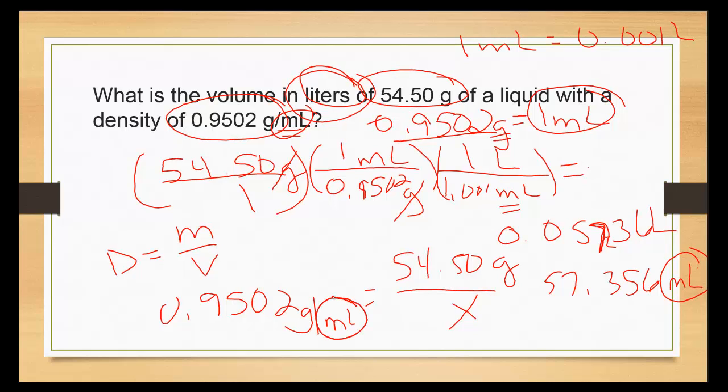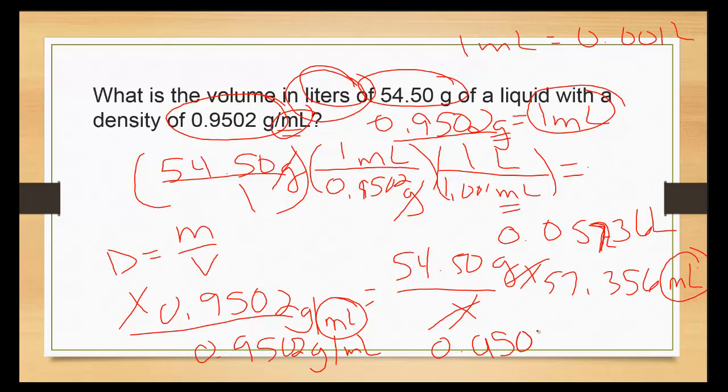Rearrange the equation, put X on both sides to get it on the top, and then divide both sides by 0.9502. And then once you find your X, you're going to have to divide it by 1,000 to get it into liters.